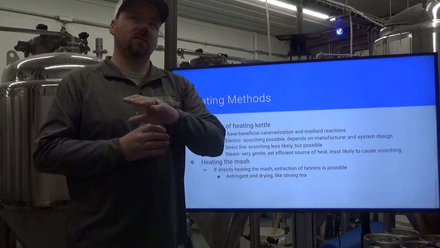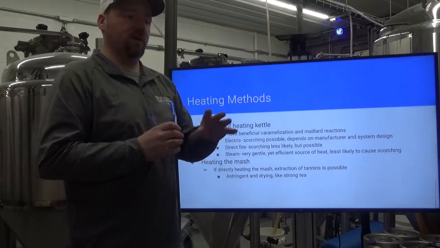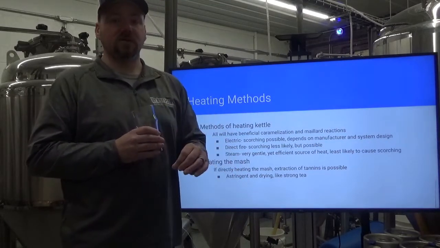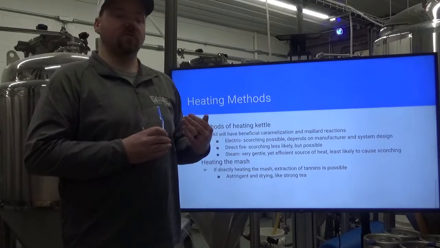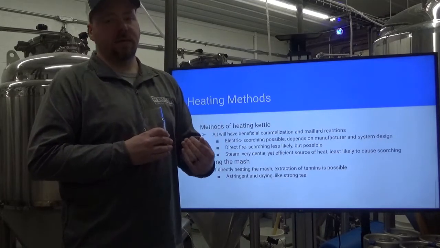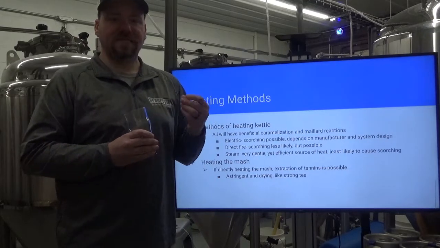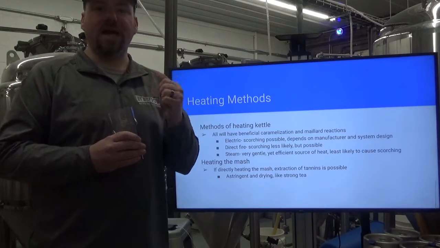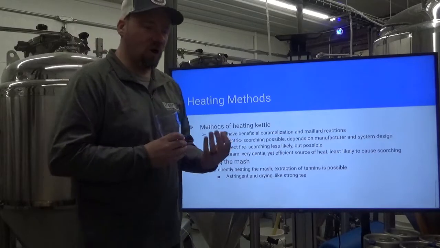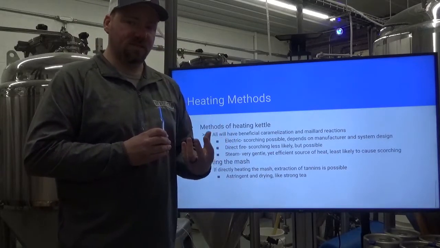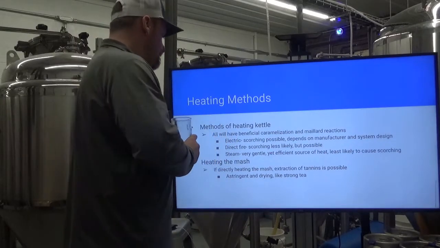What we have going in favor of us as brewers is the pH. The farther you get from 7 or 8, the less likely you're going to be to extract tannins and get that astringent tea-like dryness, or just harsh bitterness, dryness that astringency can cause.